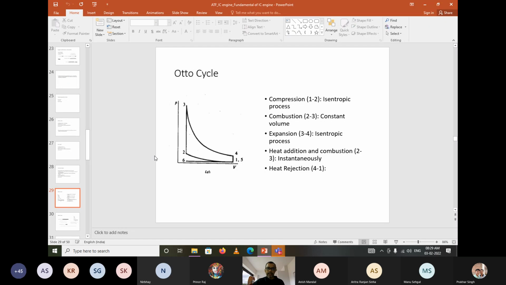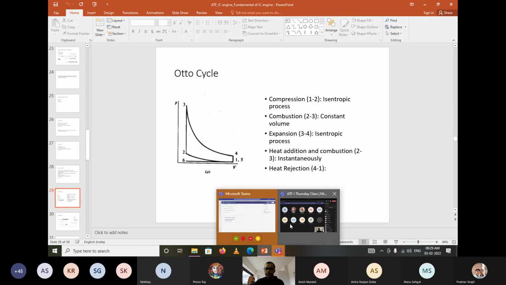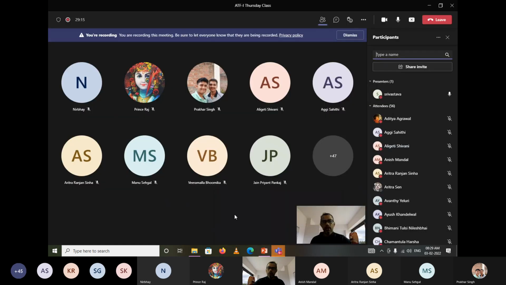But another thing: what do you understand as the physical meaning of combustion taking place at constant volume? That has to be clear.